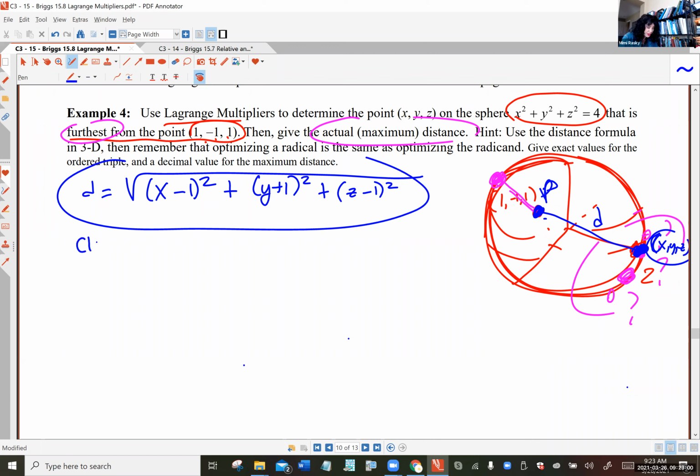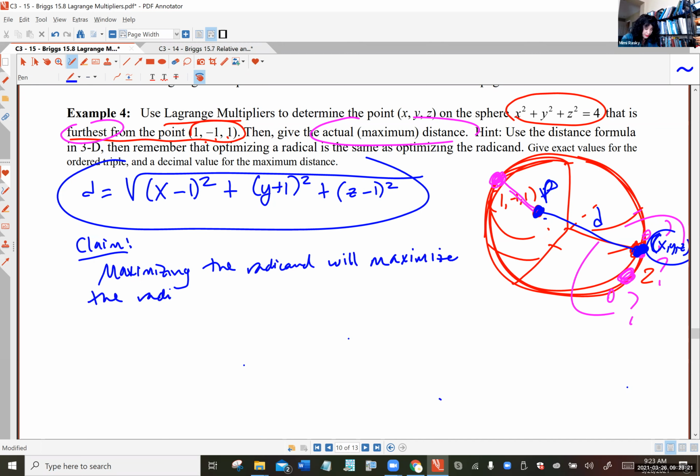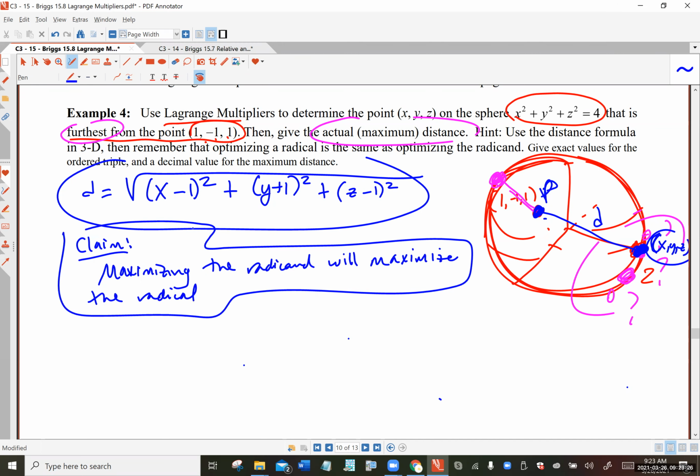Instead, here's something I need you to buy: maximizing the radicand of this square root will maximize the radical. Radicand means the junk underneath the radical. Do you buy that? Because I claim it's a fact. If you maximize the stuff underneath a radical, then taking the square root of it, you'll still maximize the square root function too. So that's going to be our plan.